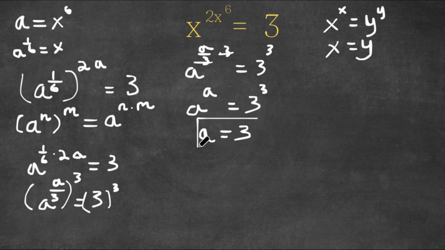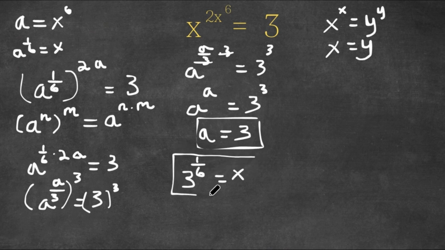So 3 is our answer for a. However, remember, a to the power of 1 over 6 is equal to x. So if a is 3, then this means that x is equal to 3 to the power of 1 over 6. So this is the value of x. So that is our answer.